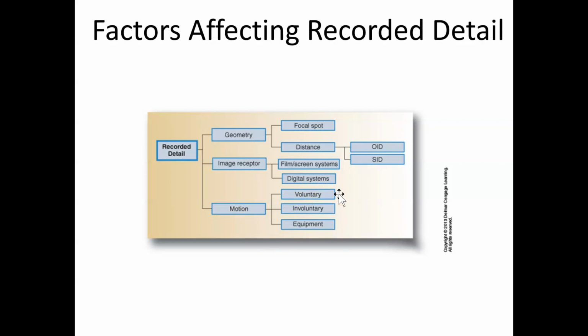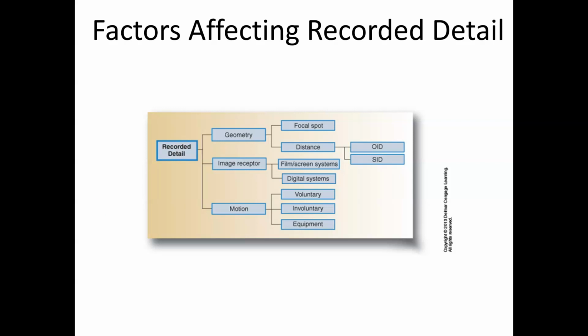Did we instruct our patients correctly? Involuntary. Let's say a patient has a tremor. They're not able to hold still. And then sometimes we actually move the equipment and use it to our advantage. So this little concept map, I think, helps give you a good overall view of what goes into recorded detail.